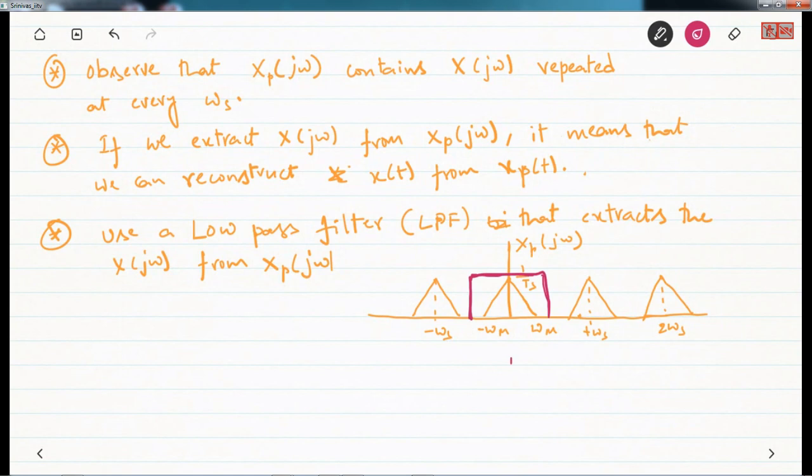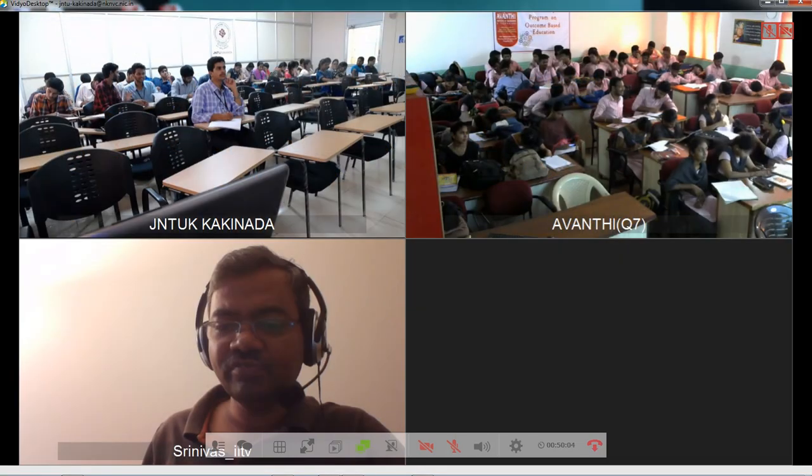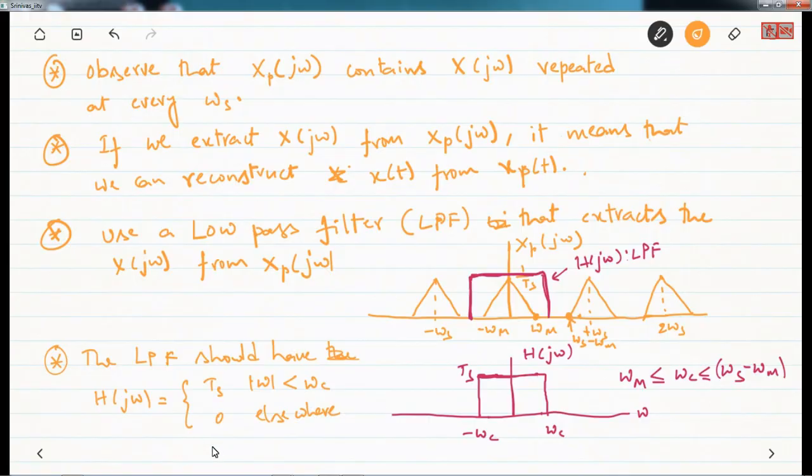What should that filter be? That filter should have an amplitude of, and what we need is omega m less than or equal to omega c less than or equal to omega s minus omega m.